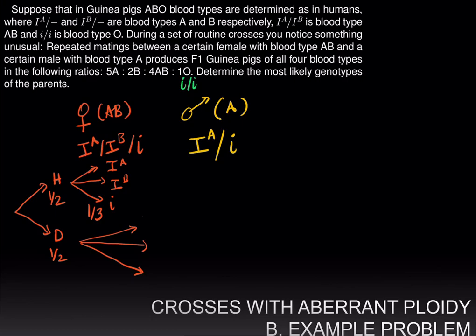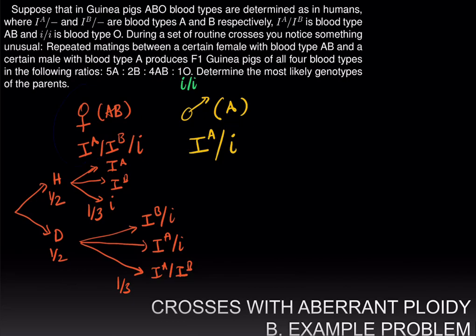You could have IB over little I, that is, if IA segregated to the other side, or you could have IA over little I, that is, if IB segregated to the other side, or you could have IA over IB if the little I segregated to the other side, and all these three also have a 1/3 chance of occurring.